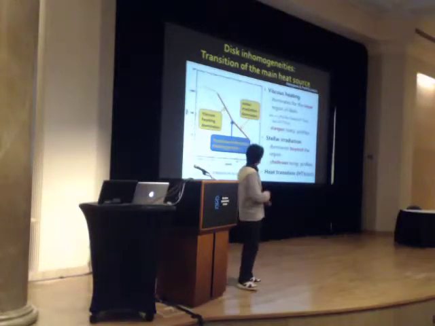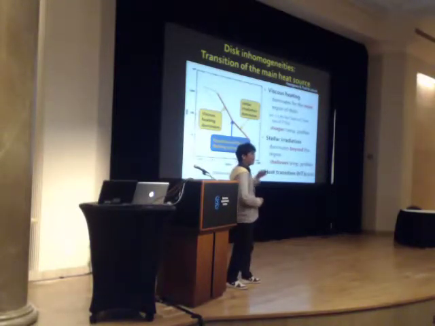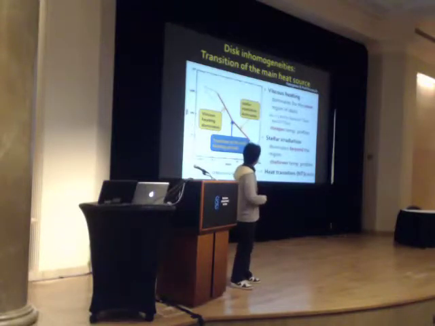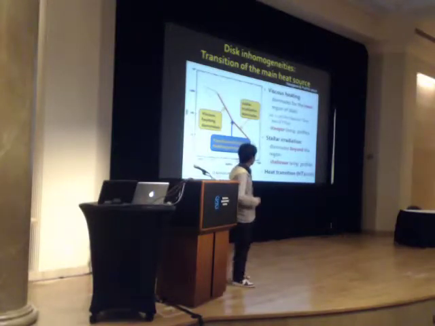As you can see, viscous heating is dominant in the inner region and gives you a steeper temperature profile. But in the outer region of the disk, stellar radiation becomes dominant, and you have a shallower temperature profile. So definitely some kind of heat transition exists.